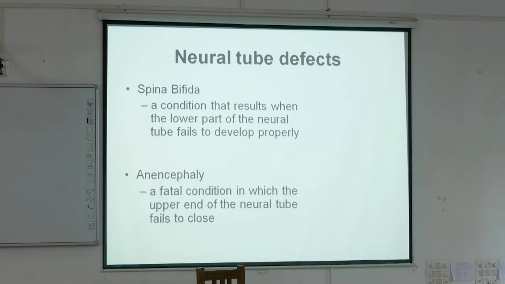The upper part forms the brain and the lower part forms the end of the spinal cord, the coccyx. This region shows spina bifida, means the spinal cord will be divided into half. So folate deficiency causes all sorts of disorders related to the brain, CNS and nervous system.